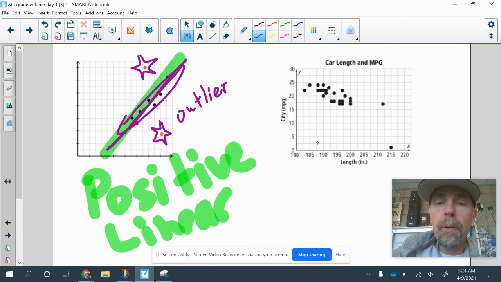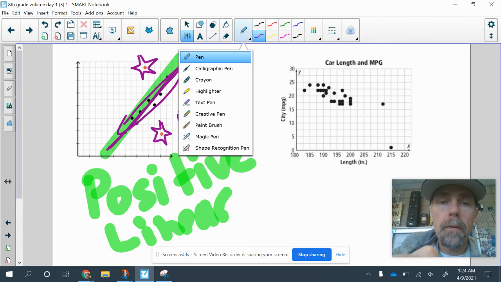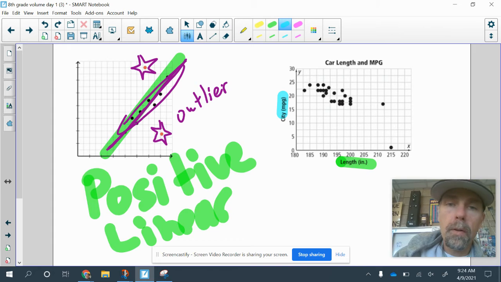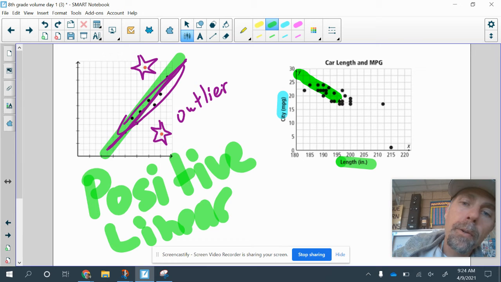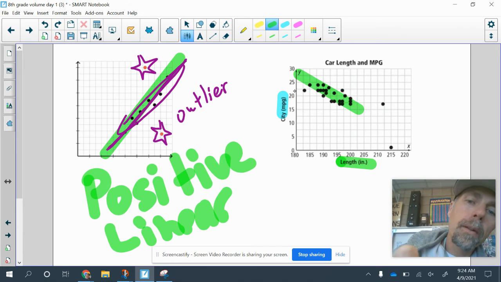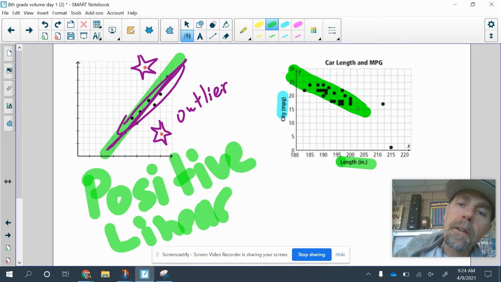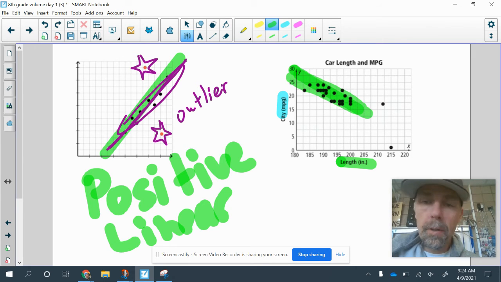Let's look at this one. Now we actually have some real data. The length of your car and its miles per gallon. So as your car gets longer, your gas mileage goes down. See that? So that's a negative association.